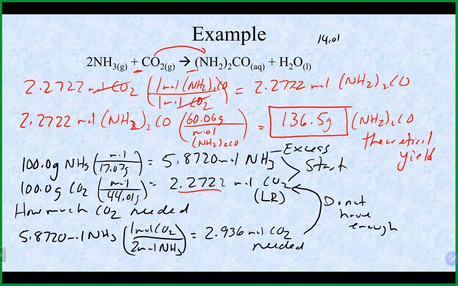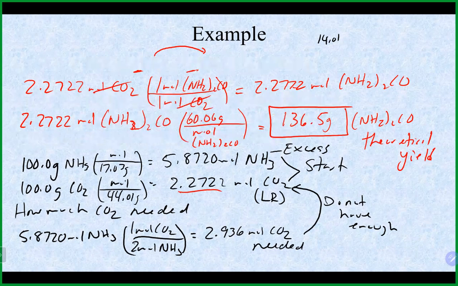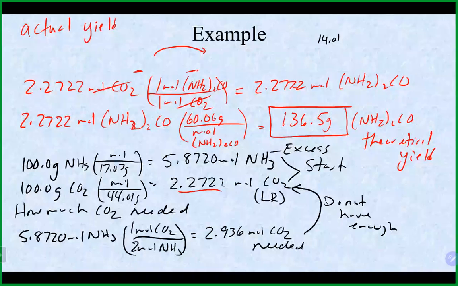Now, our actual yield was given to us in the problem, which I kind of forgot, which I think was 120 grams. So our actual yield was given to us in the question, which was 120 grams.